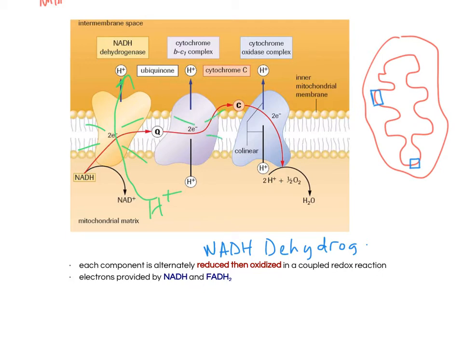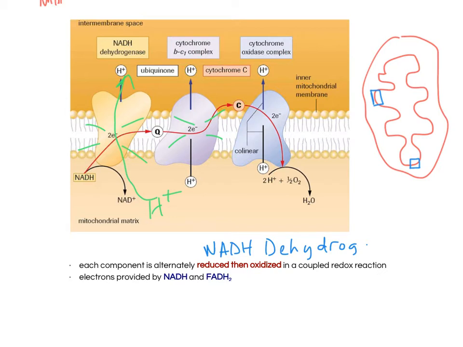And what is that energy used for? Again, to pump those protons into the intermembrane space. That happens as we move from NADH dehydrogenase to the cytochrome B-C1 complex, and then finally the cytochrome oxidase complex. In the middle we have ubiquinone and cytochrome C, which are just cofactors involved in the process.